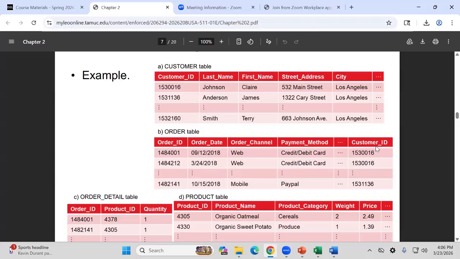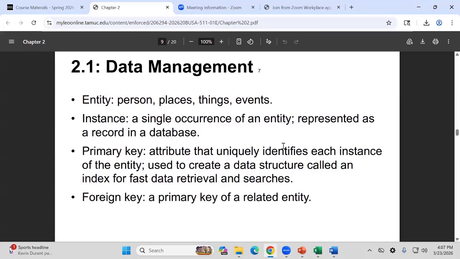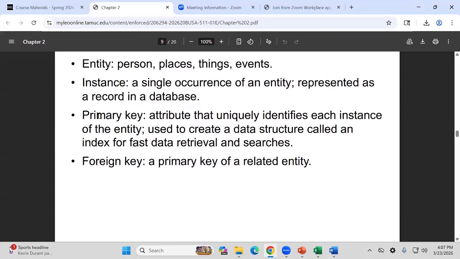We call order ID a primary key. So in the future, when you design a database, you could have a lot of tables, right? For each table, you need to have at least one primary key.